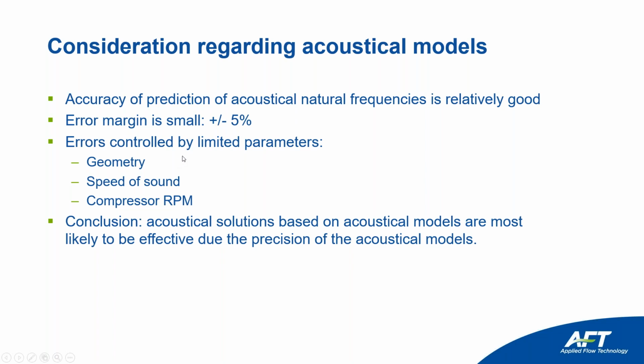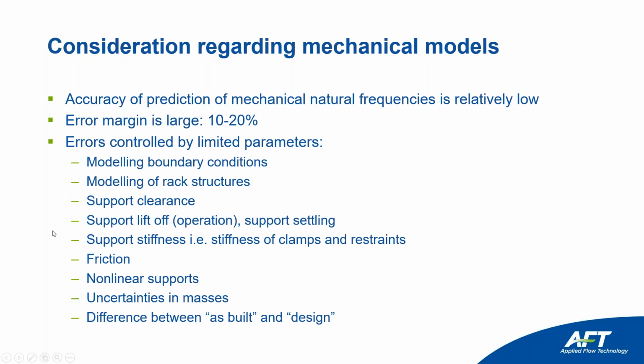Errors are controlled by limited parameters: geometry, speed of sound, compressors. So in conclusion, acoustical solutions based on acoustical models are most likely to be effective due to the precision of the acoustical models. Now, accuracy of the predictions of mechanical natural frequency is relatively low.